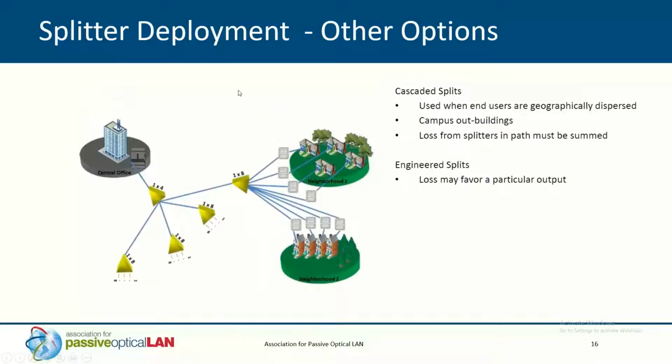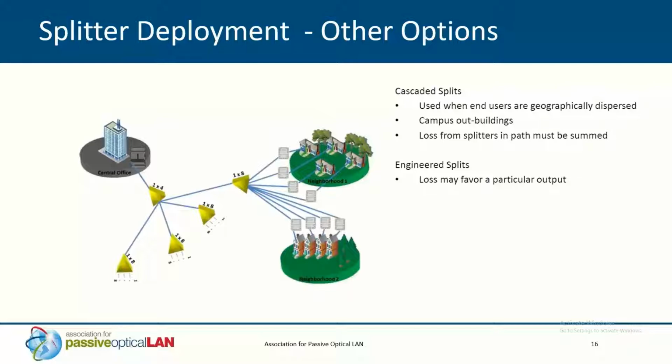Next slide. Okay, and so here's another example of what could happen with splitters, and this is more of an engineered cascaded split. The reason I say that it's engineered is because going through a splitter adds loss, right? So if I'm going through a 32-port splitter, I'm going to exhibit over 17 dB of loss of my signal going through that splitter, and that's because we're taking one path and then going 32 different directions.